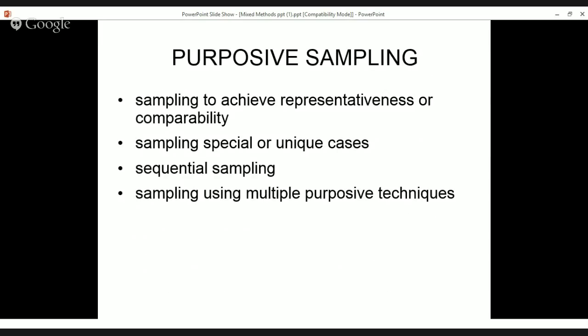Then, of course, we have purposive sampling. Now, the authors also break purposive sampling into 4 parts as well. We have sampling to achieve representativeness or comparability, sampling special or unique cases, sequential sampling, and sampling using multiple purposive techniques.